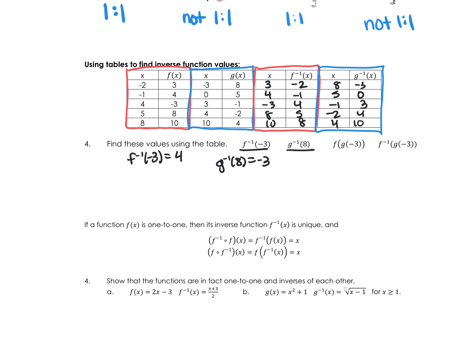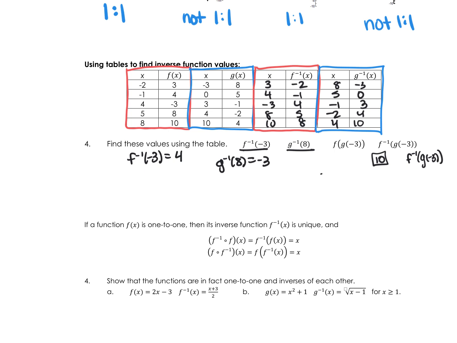So look in the X column for 8. And what does it say G inverse is? -3. So those ones are pretty easy, right? You're just looking. This says G inverse of 8. So which table should you be using? G inverse, right? Going to the X value, 8, just like we used tables before, and then it's -3.